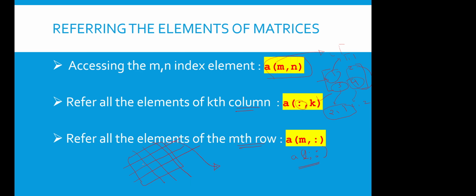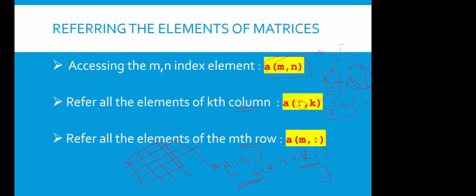So what I have to do is access A of first row entirely. If I want to convert into time series data, again A of 2 comma colon, and so on, so that I can put it in a for loop, access everything, and make it time series data. This is how we can use this logic.